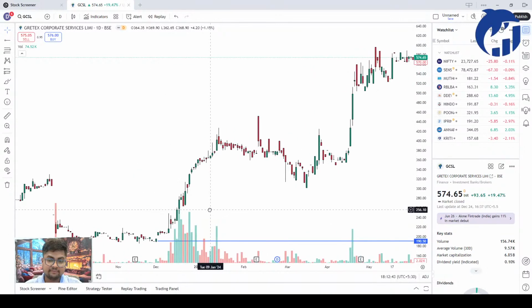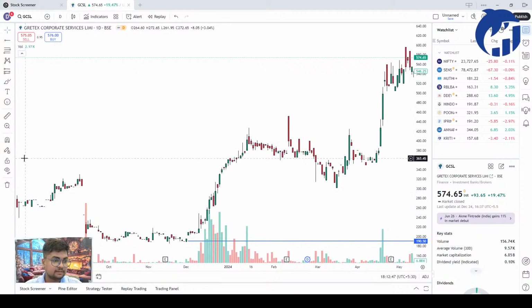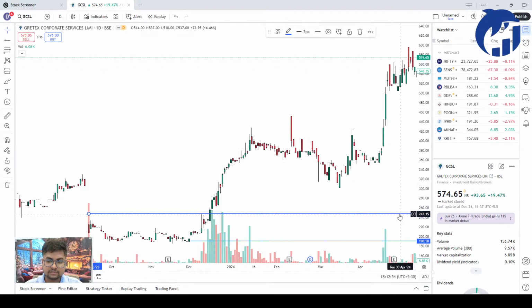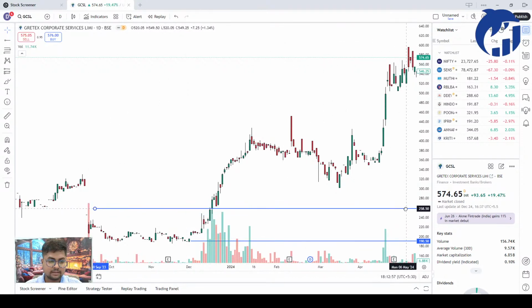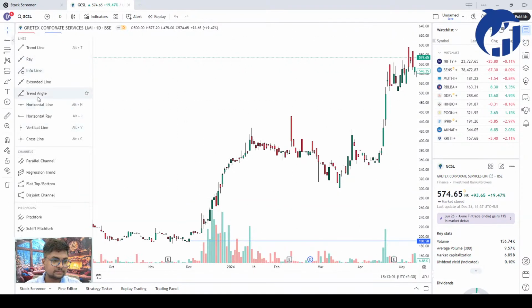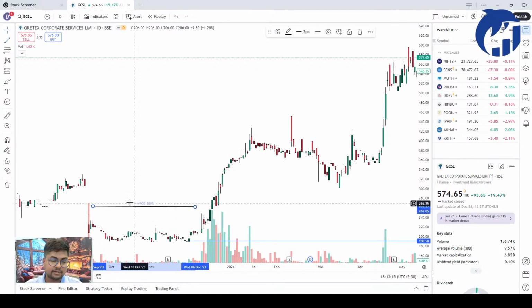Now just have a look at it. This is the graph we need. From this point to this point, I am just marking the covert entry.